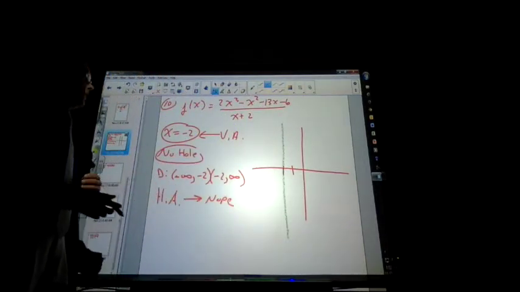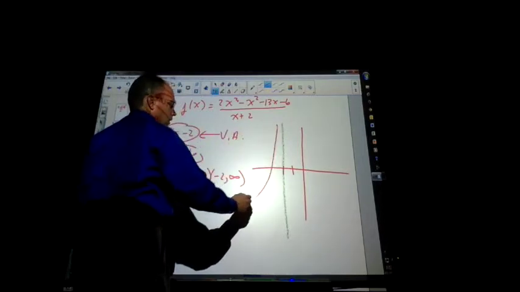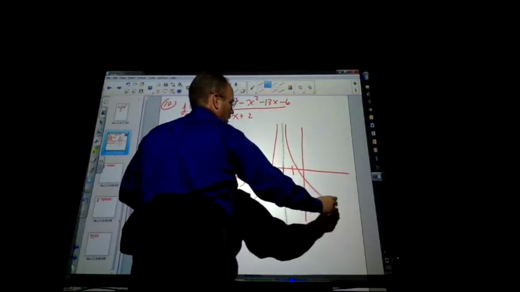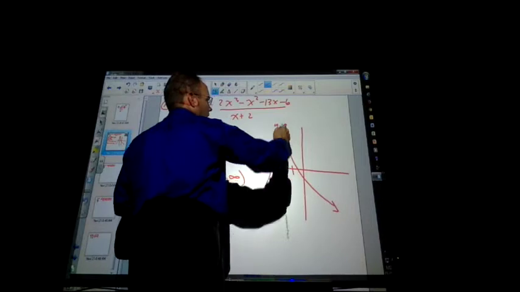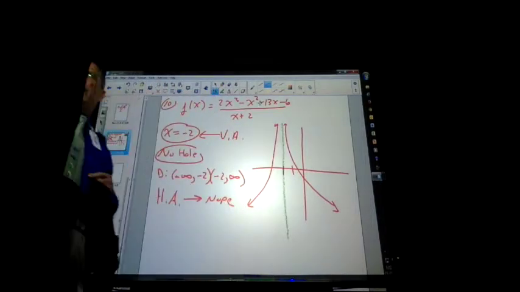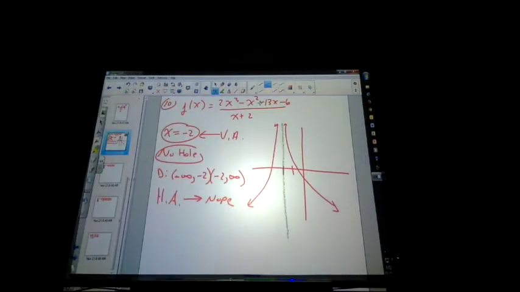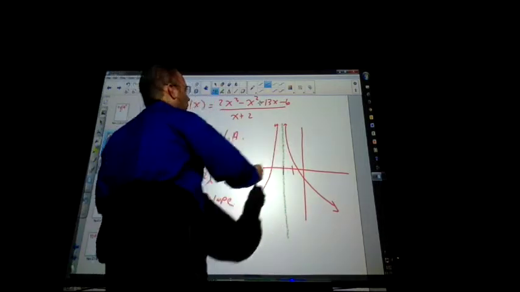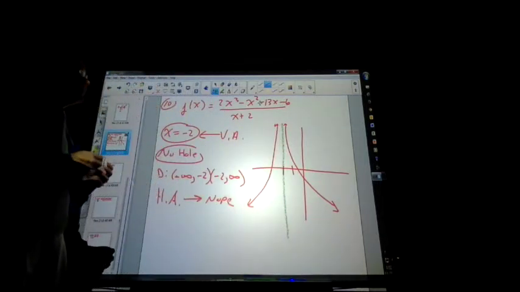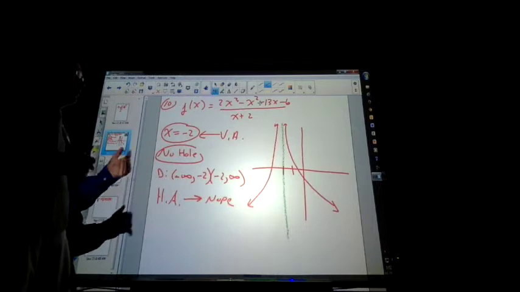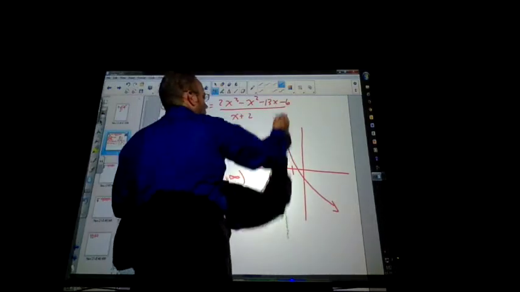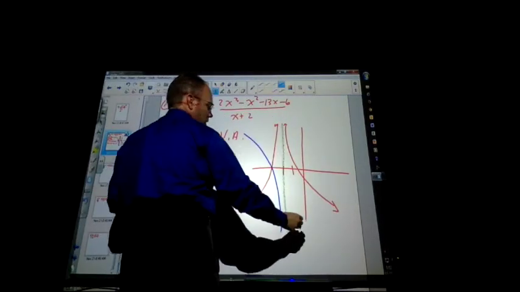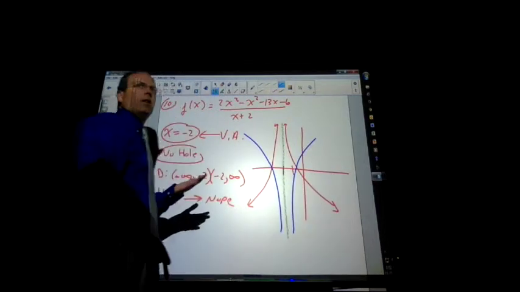I'd probably say it's going to look something like this, maybe something like this. I don't know for sure, I'm just making an assumption. I know this -2 right here is goofing up the graph a little bit, and it could either grow real quickly or not. Or the graph maybe could look like this. One or the other.